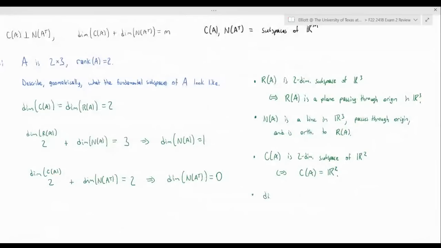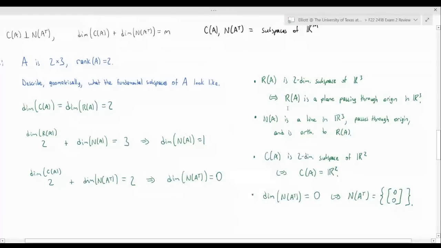And then lastly, looking at the left null space, the dimension of the left null space was 0. So that just means that the left null space is trivial, meaning it consists only of the 0 vector, okay? So it's just the origin, just a point. And it's in R2 because it's a subspace of R2. So that's why we wrote 2 zeros for the origin there.